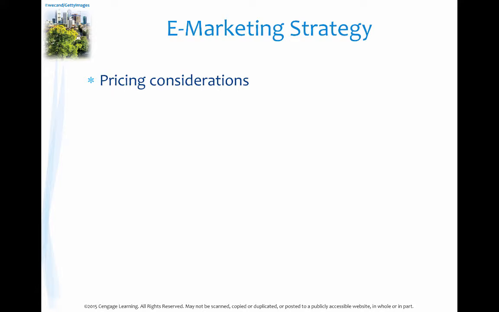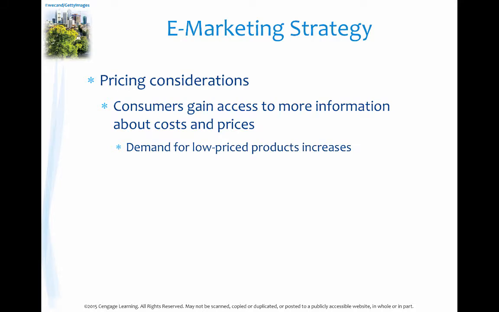Digital marketing facilitates both price and non-price competition because internet marketing gives consumers access to more information about costs and prices. As consumers become more informed about their options, the demand for low-priced products has grown.